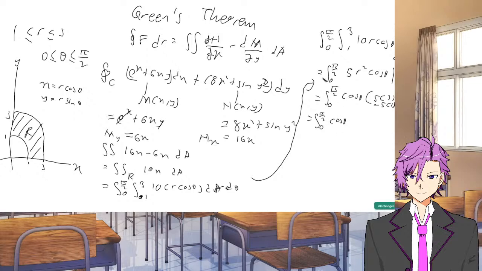So 5 and then 3 squared. 3 squared is 9. 9 times 5 is 45. 45 minus 5. So this would be 40 d theta. So 40 integrate cos. Integrate cos would be sine. 40 sine theta from 0 to pi over 2. So the answer is 40 because sine pi over 2 is 1. So the answer is 40.